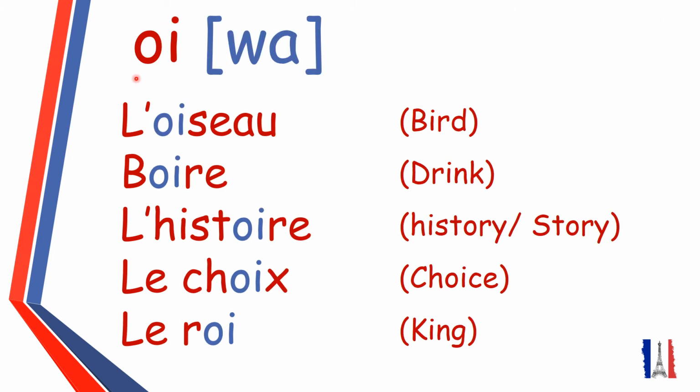Wa, the sound is wa. Often the students make the mistake here, they say oiseau like oisio, but it is wrong. The sound of oi is wa. Loi, oiseau.